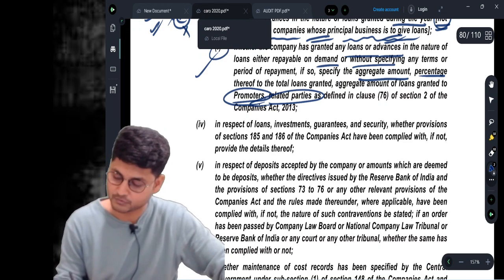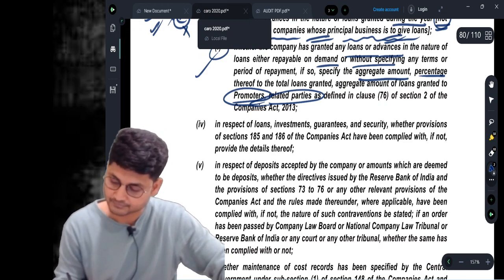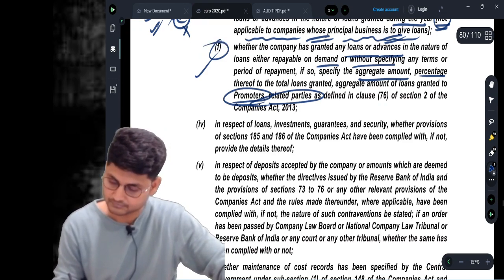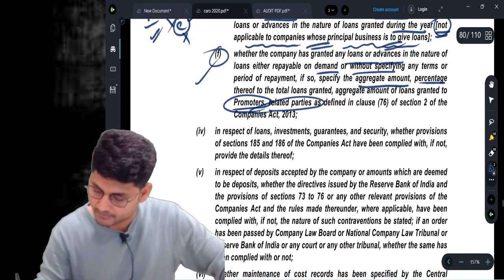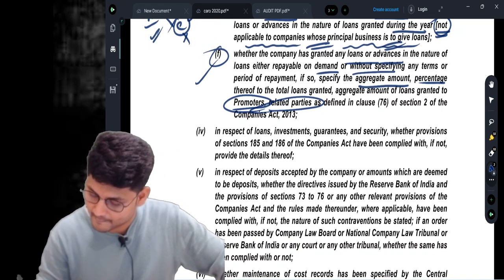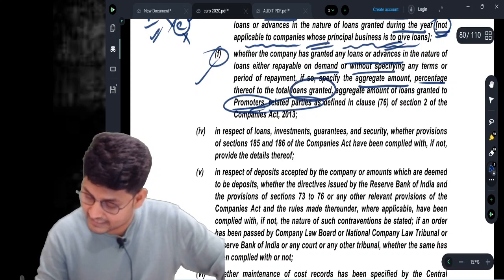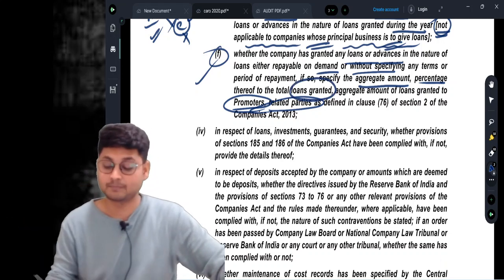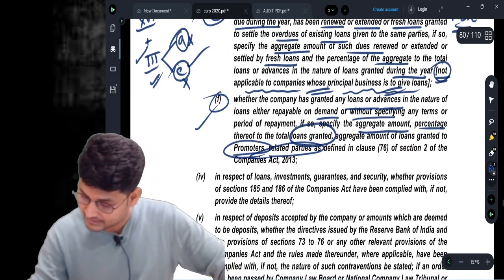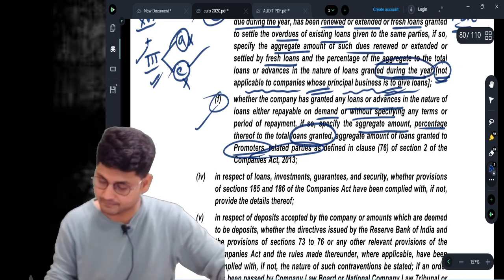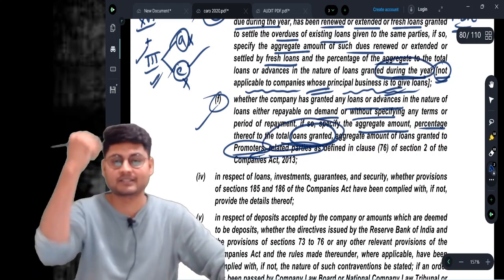However, see here, it is not mentioned that these total loans are granted during the year or not. Previously, see here, it is during the year, but here the during-the-year point is not there.